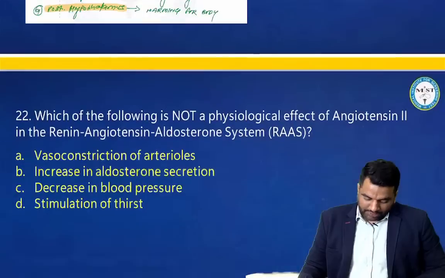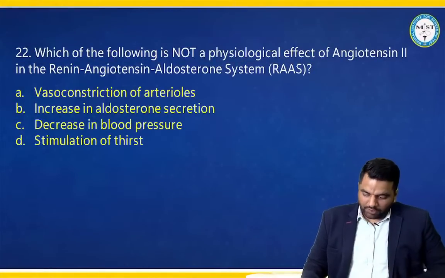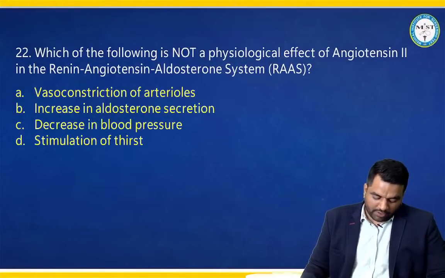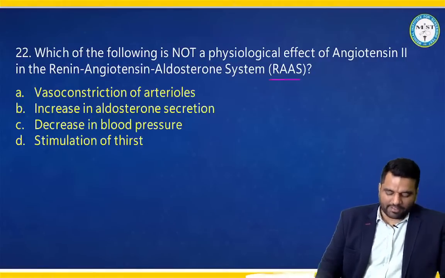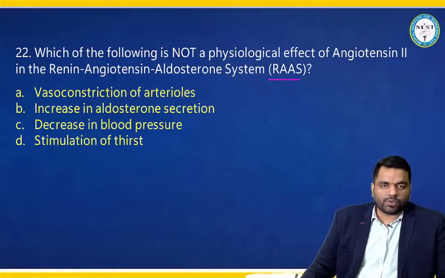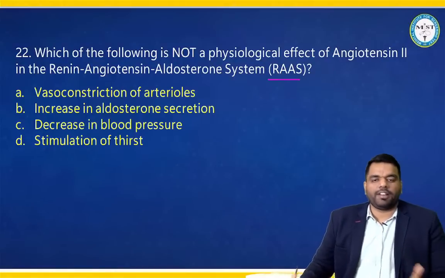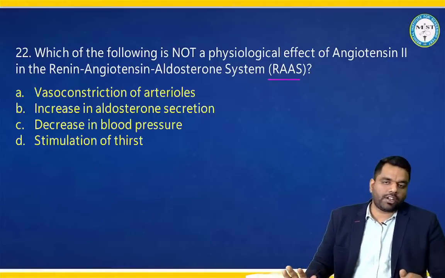Now the next question, question number 22: which of the following is not a physiological effect of angiotensin 2 in the renin angiotensin aldosterone system, that is RAS? Yes, beta, RAS. RAS is activated when less blood reaches the glomerulus.